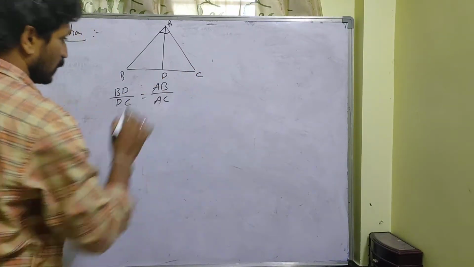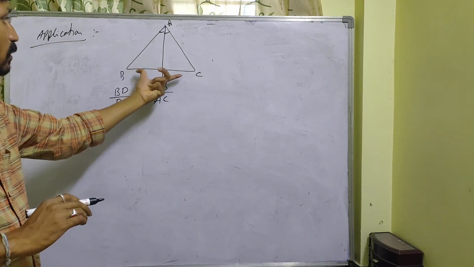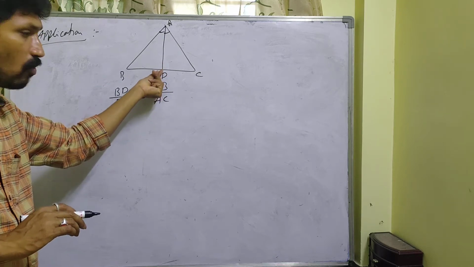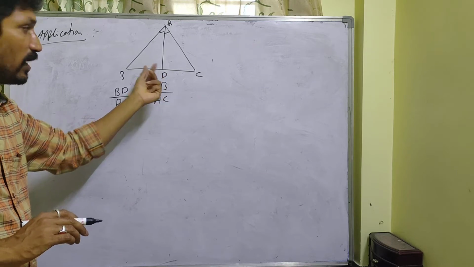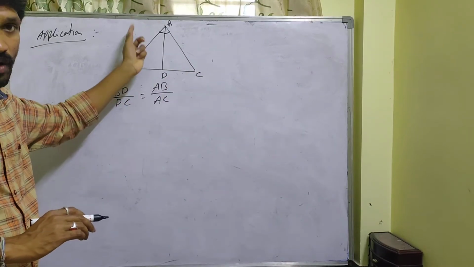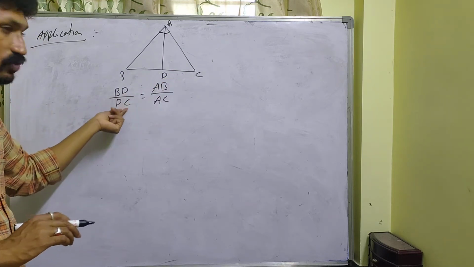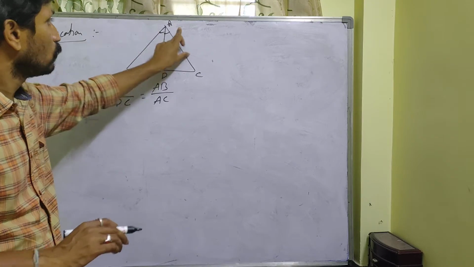So AD divides the line segment at only one point, where it meets. That means D divides BC in the ratio of the other two sides. BD is to DC is equal to AB is to AC.